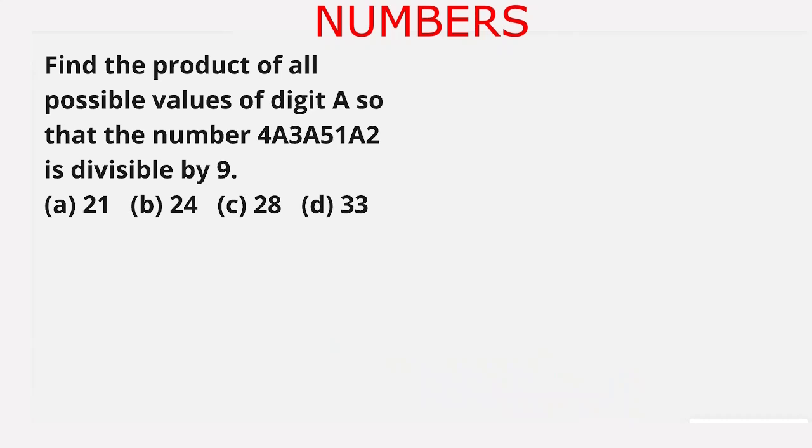As we know the divisibility rule of 9, if the sum of all the digits of the given number is divisible by 9, then the number is divisible by 9. Now we find the sum of the digits.